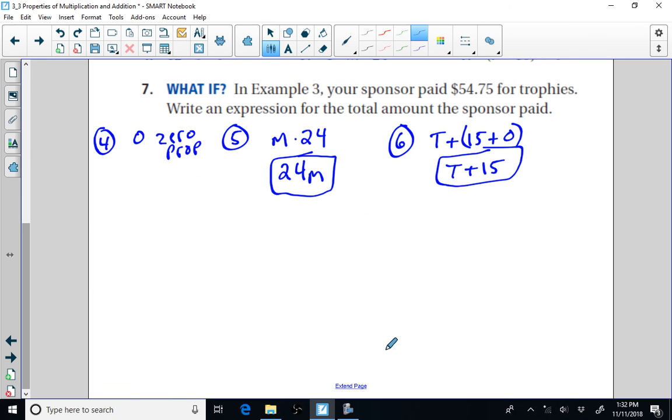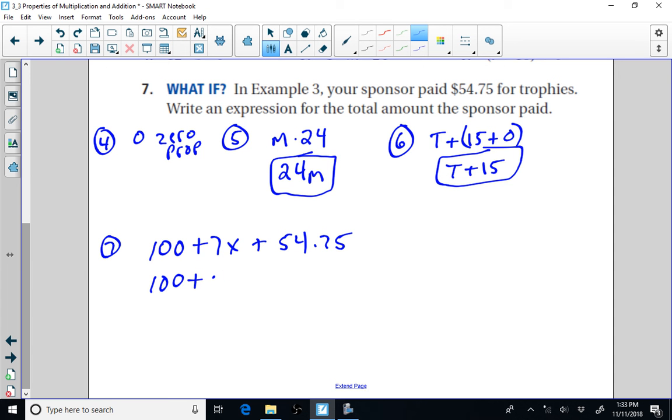And then finally, problem 7 says, if we had to pay $54.75 for trophies, what's the total amount the sponsor paid? Well, that's $100 plus 7x plus $54.75. I have to change the order of my addends, so that's the commutative property.